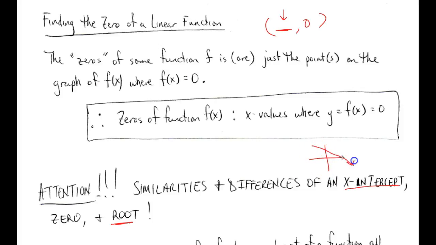So let's say if we had a line that looked like this, then this would be the place of the x-intercept. If that point was the point (2, 0), that would be the actual x-intercept, and x equals 2 would be the zero for that particular function.